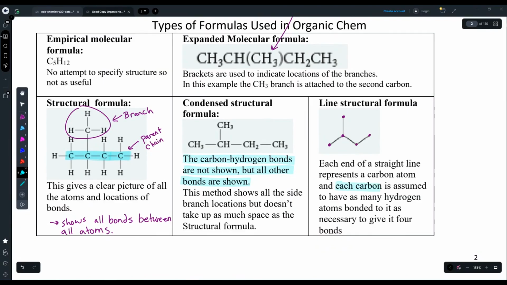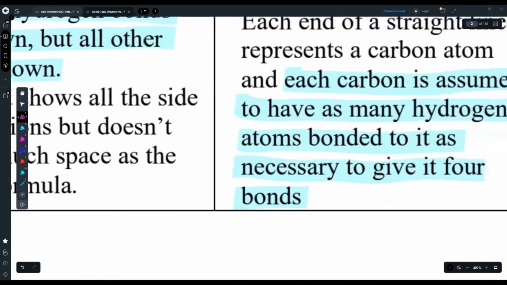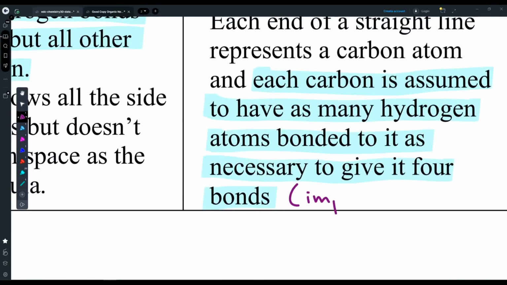So, important part: each carbon is assumed to have as many hydrogen atoms bonded to it as necessary to give it 4 bonds. Okay, so I call these implied hydrogens.